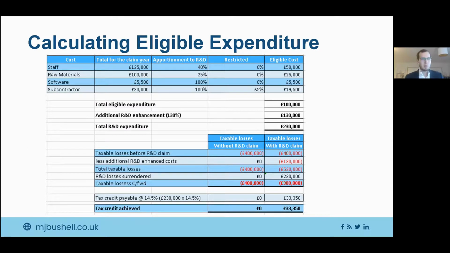So I hope that makes sense, and you can see that you're surrendering the difference between 14.5% and 19% corporation tax relief to get that earlier cash payout.